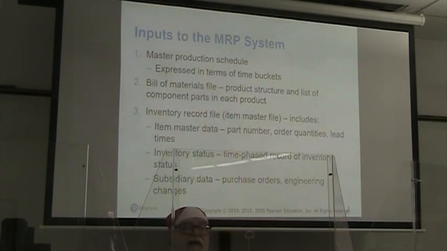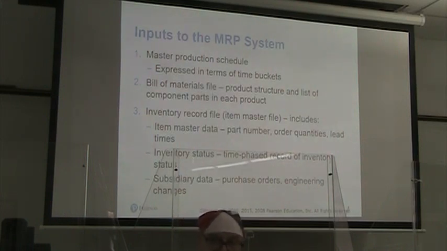So we have inputs to the MRP system. First, our master production schedule. We express that in terms of time buckets. That can be weekly time buckets or daily time buckets. It could even be hourly, but I've never seen one broken down that far. Second is our bill of materials file.